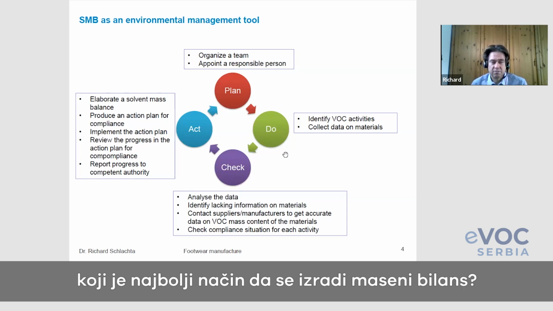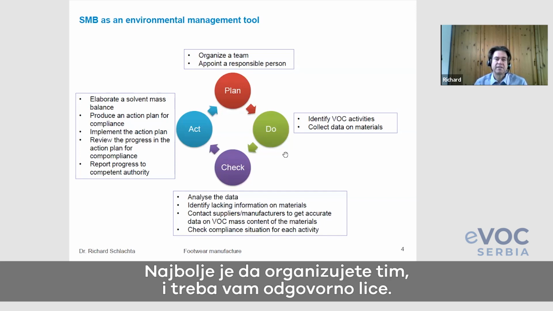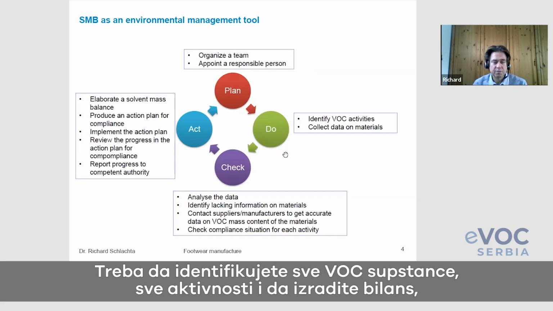What is the best way to establish such a mass balance? The best is to organize a team, and you need a responsible person, and then you must plan. We want to identify all VOC activities, and we want to establish such a mass balance.